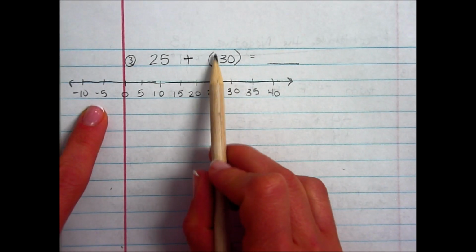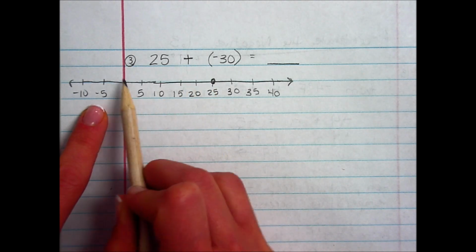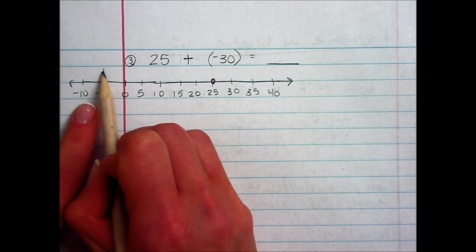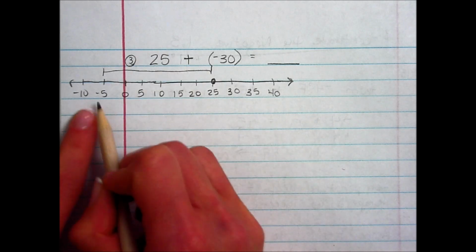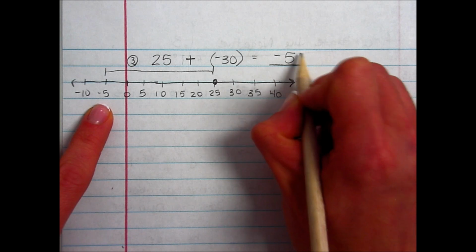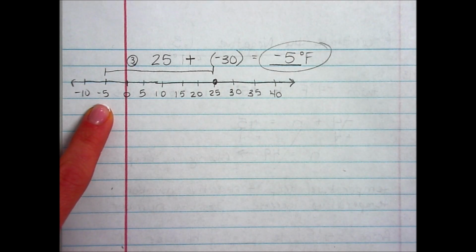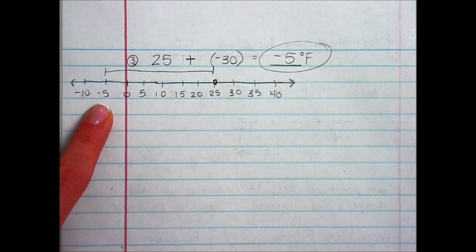I need to decrease by 30. So 5, 10, 15, 20, 25, 30. Okay, so my new temperature is -5 degrees Fahrenheit. Does anybody have a question?